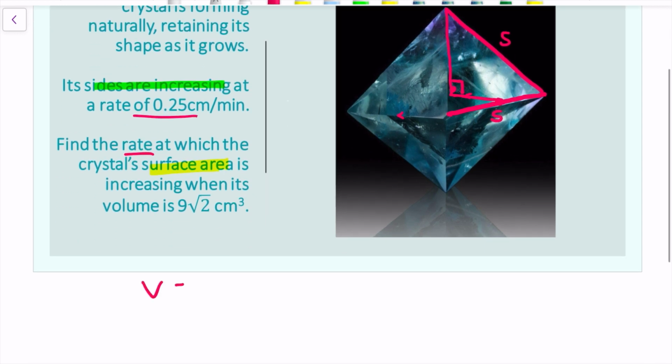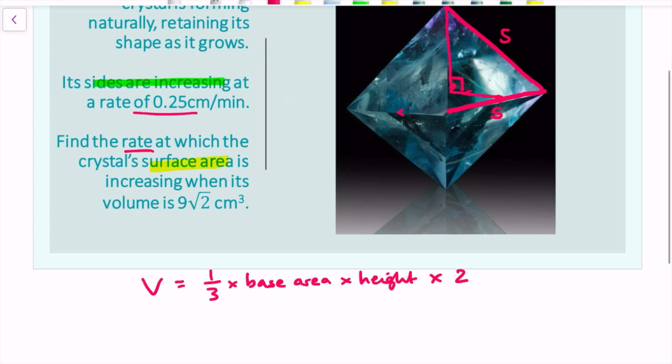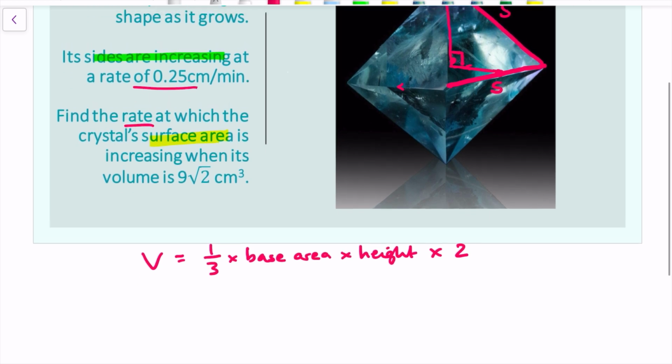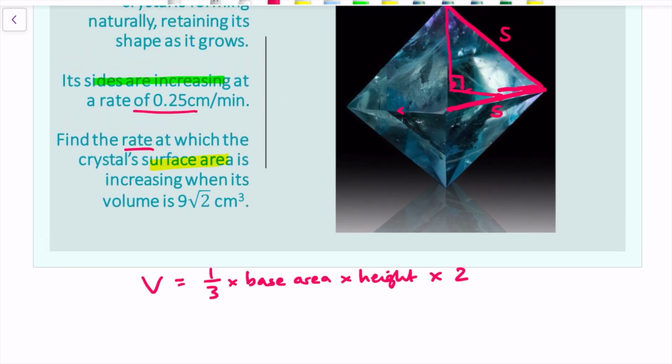It's a third times the base area multiplied by the height. And then it's times 2 for this because it's actually 2 pyramids. Now, thinking about the base area of the pyramid, it's a square, S by S.